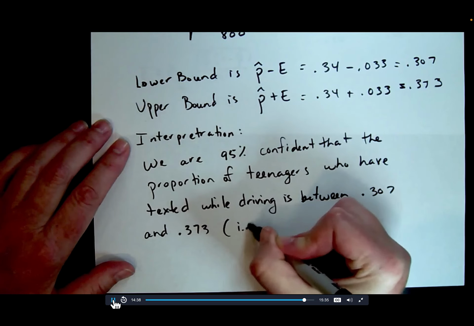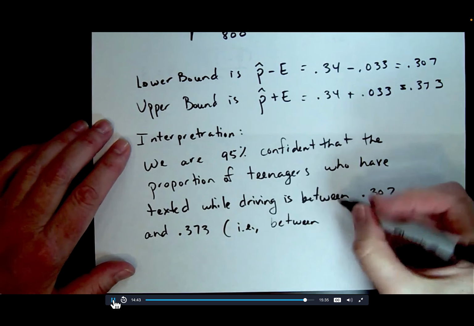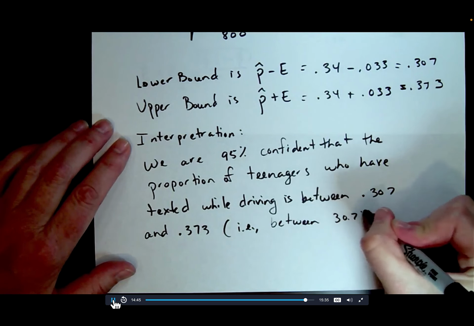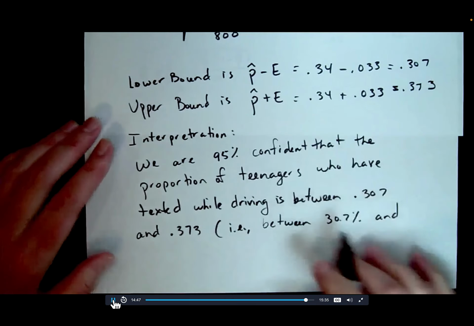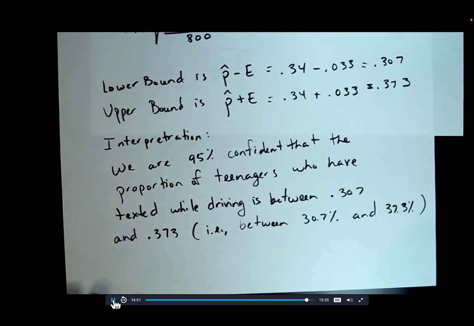In other words, between 30.7% and 37.3%. Okay, with 95% confidence.